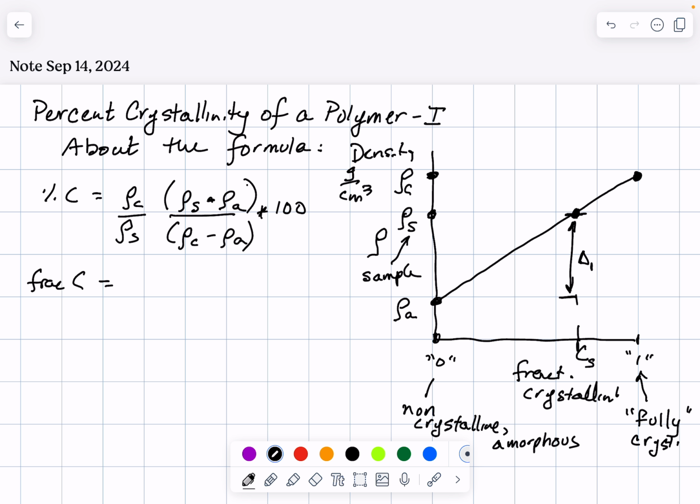So it's telling us that that delta 1 divided by that density, so if we choose the upper point as a comparison point, delta 1 divided by delta S is a value, and if we compare that value to a second delta, which is the total difference between the crystalline and the solid, which also then gets compared or ratioed by the density of the solid as a reference point, then this is the fraction crystallinity.